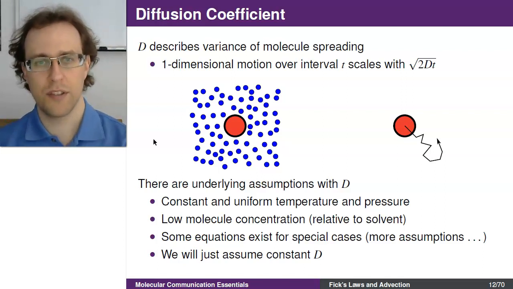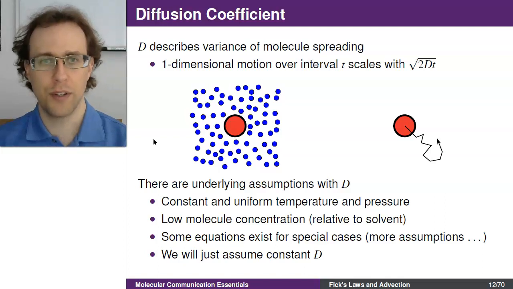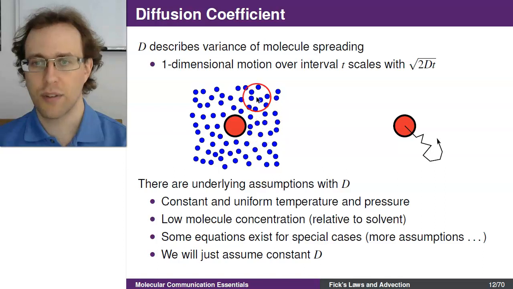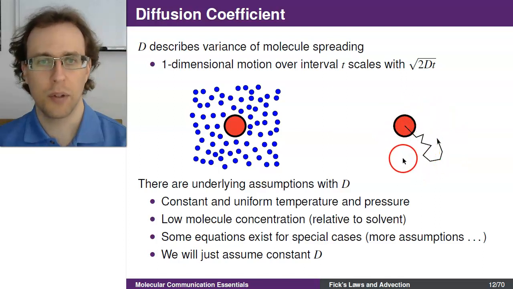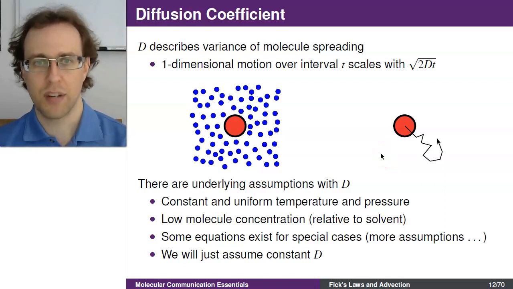Because of these collisions, our molecule of interest gets bounced around a lot. And we can abstract away the solvent molecules and just consider our molecule of interest, and if we were to track its trajectory, it would look like some kind of random walk. This is because of the large number of collisions that are taking place. Now, it's not quite random.